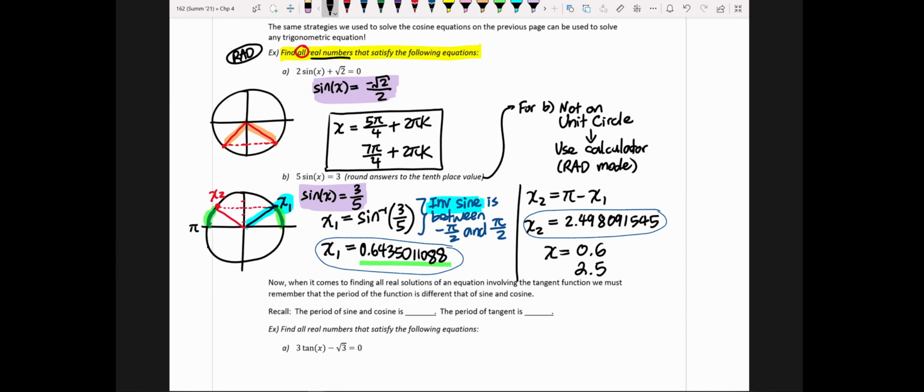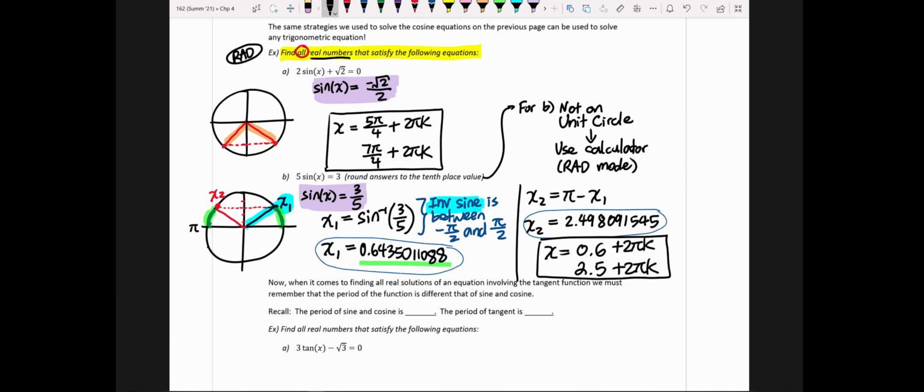Step 3 is adding period times k to each solution. So we still need to add 2 pi k to each solution to generate all solutions. Okay. Take a look at what we did here. Step 1, isolate the trig function. Step 2, find the solutions in one cycle. So for sine and cosine, that would be between 0 and 2 pi.